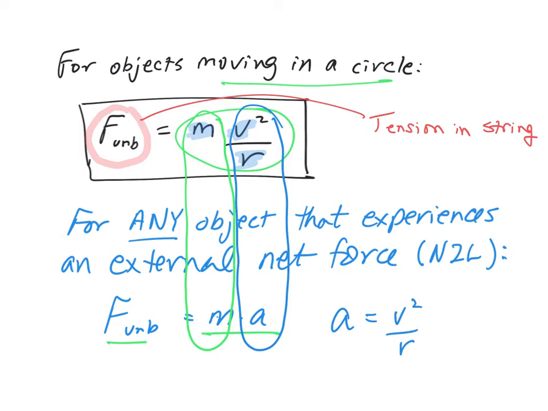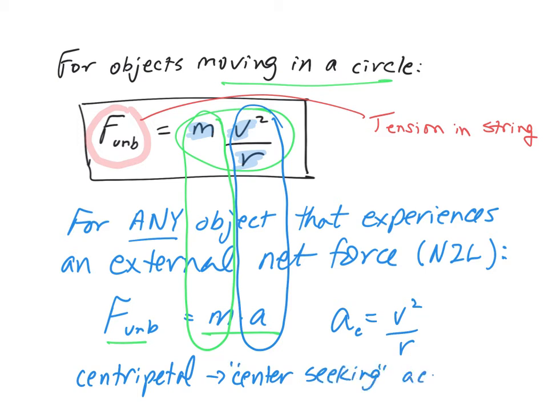This is the c, for the central pointing, or centripetal. Centripetal means center-seeking acceleration. So it's an acceleration that's towards the center of the circle.